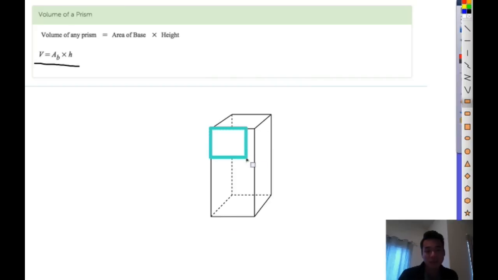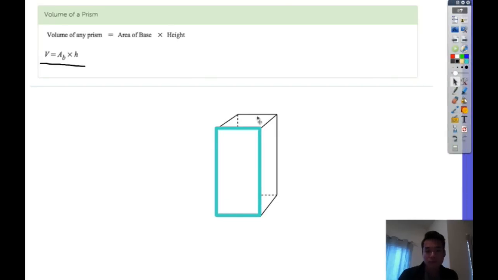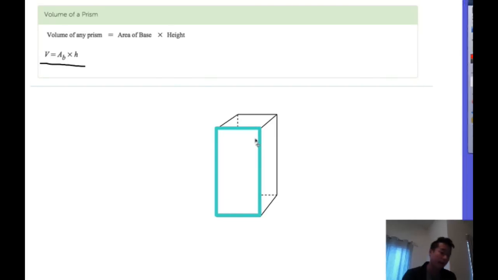Because if I'm going to fill up this entire prism with stuff or air or liquid or whatever amount, I really need just to figure out how big the base is, the area of the base in that case, and how tall it is. Because the bigger the base, the taller it is, the more it's going to hold. The smaller the base, the shorter it is, the less it's going to hold.